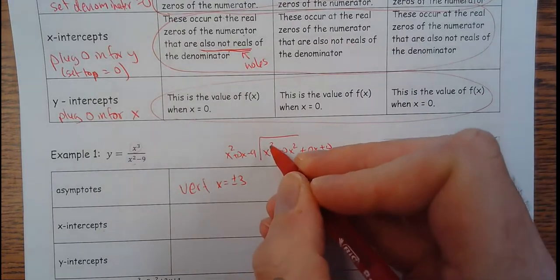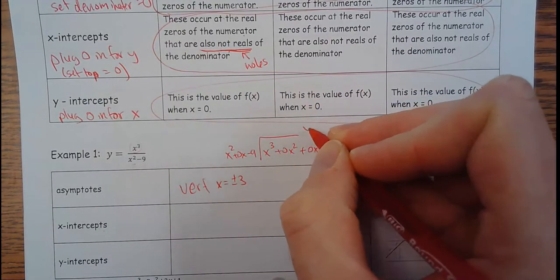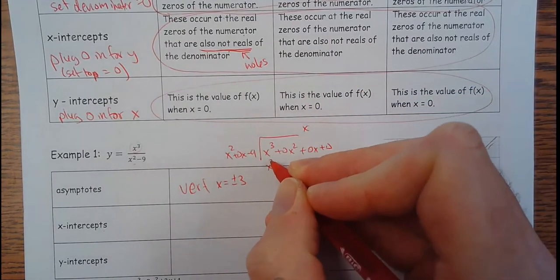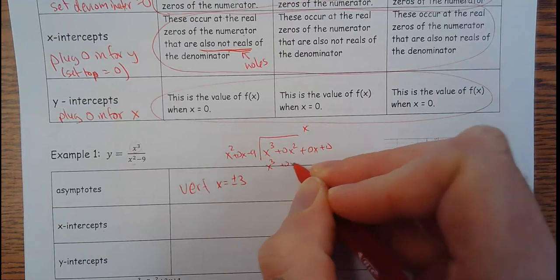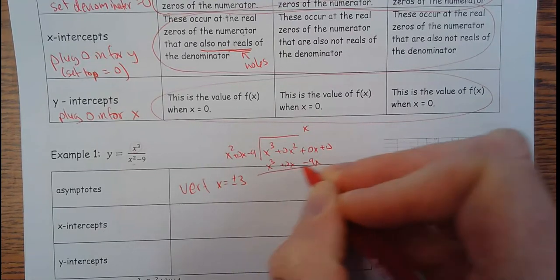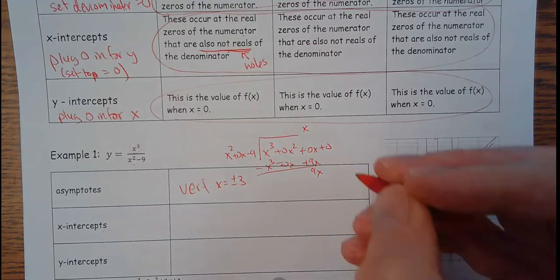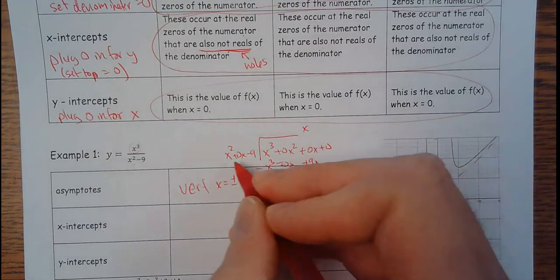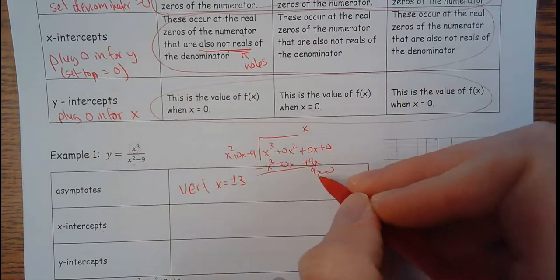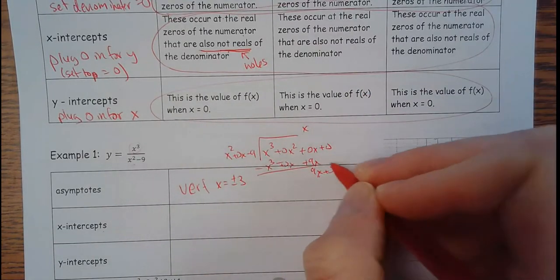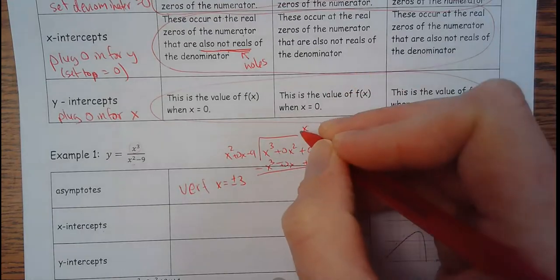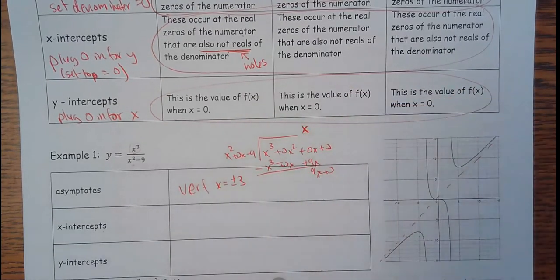So my first one, x cubed divided by x squared is x. I multiply that out. I get 9x as a remainder, drop the 0 down. Now 9x cannot be divided by x squared, so that's my remainder. We disregard the remainder.